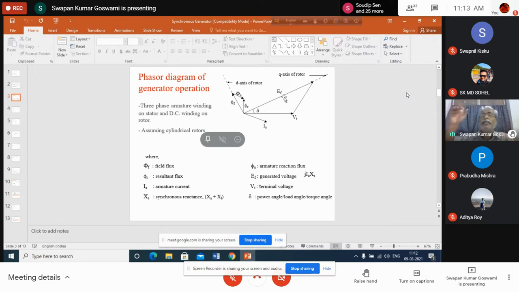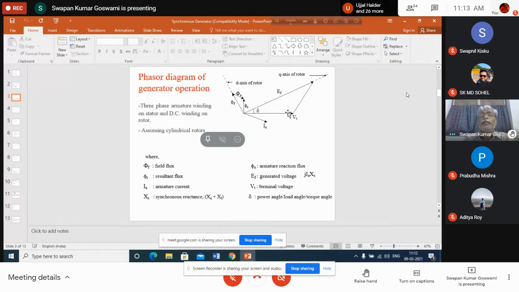So if the generator rotates at that speed, then the frequency of EF is also synchronous. In that case, delta will have a constant value, and during steady state there will not be any variation in speed. So the frequency of EF and the frequency of Vt are constant.